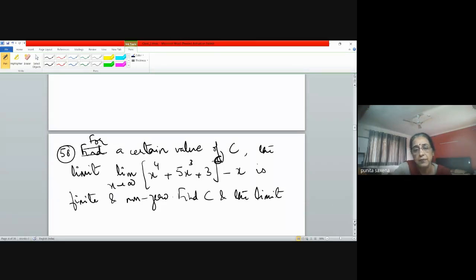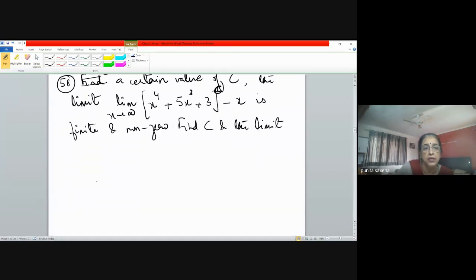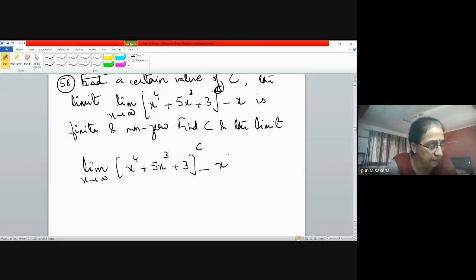Now see, I'm writing it again, limit x tending to infinity, x to the power 4 plus 5x cube plus 3 whole to the power c minus x. This is what we have, right?